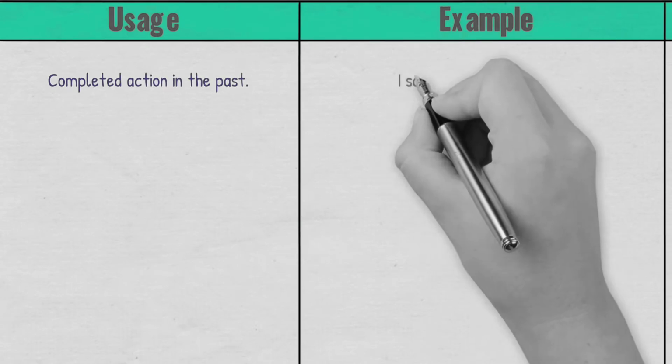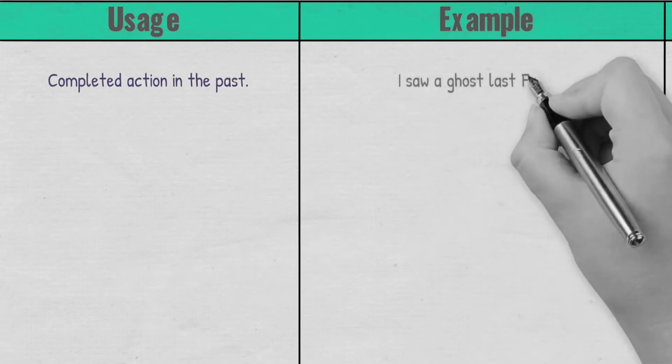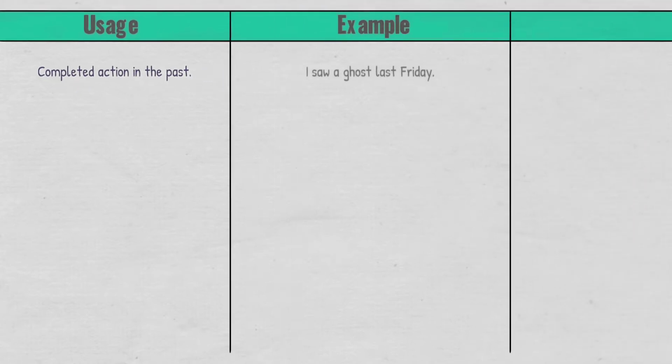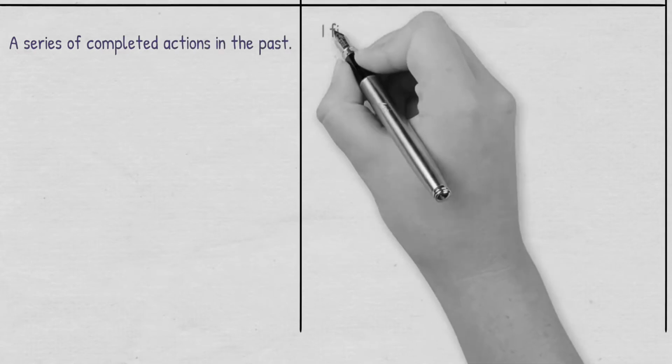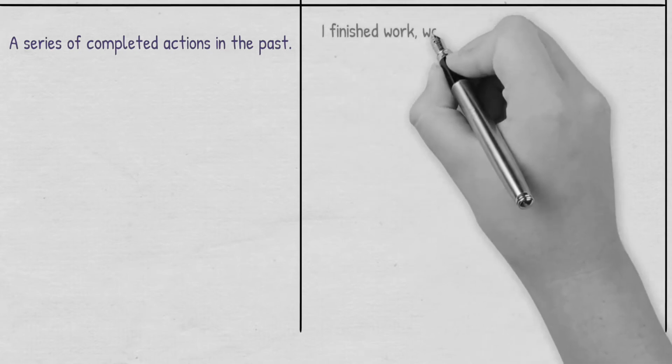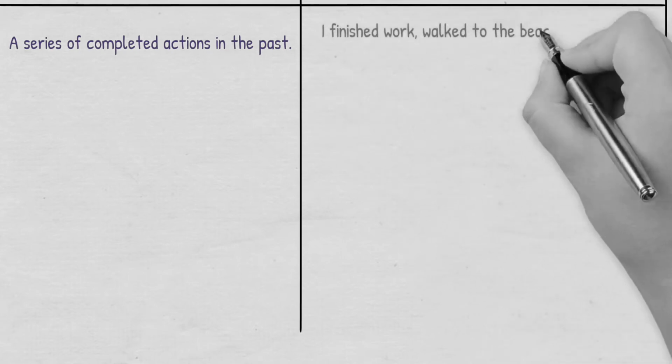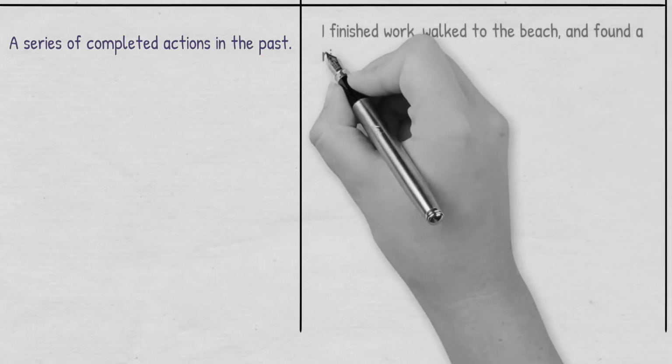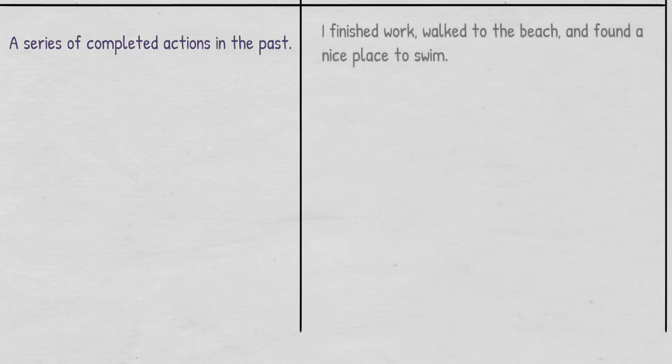Usage. Example. Completed action in the past. I saw a ghost last Friday. A series of completed actions in the past. I finished work, walked to the beach, and found a nice place to swim.